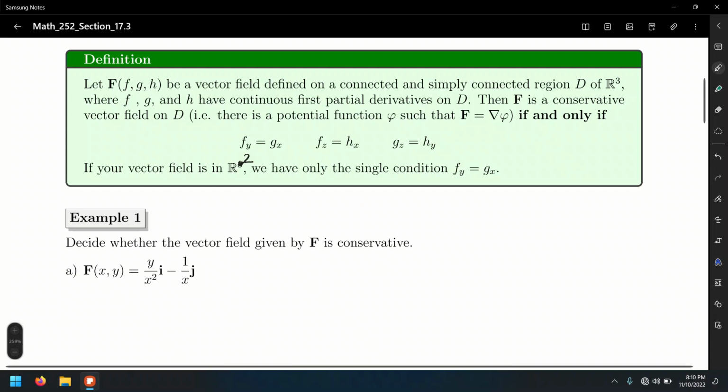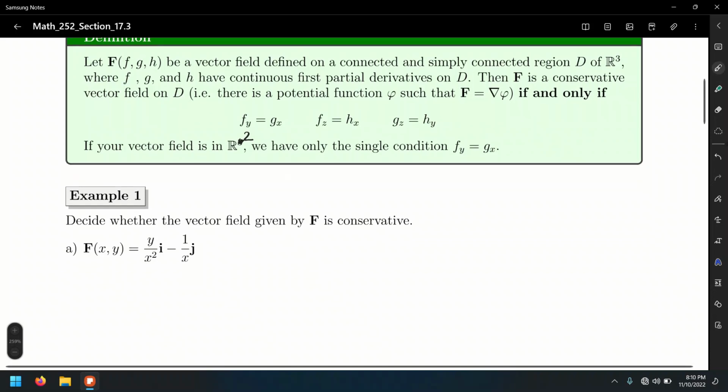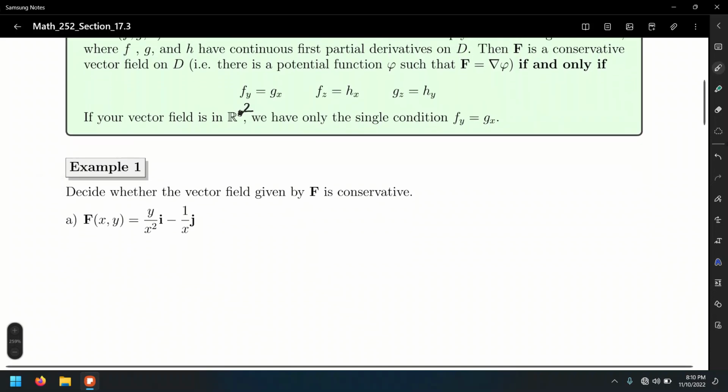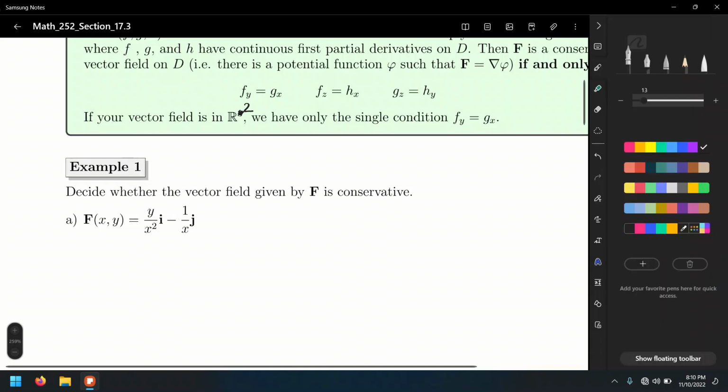Alright, so let's decide whether the vector field that we're given here is conservative. That is, whether this vector valued function is some f of x, y's gradient. In this case, number one, let's identify our f and our g.